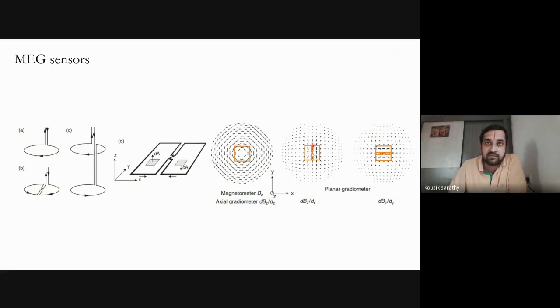This is a planar gradiometer on, let's say, the x-axis, and you can call this the y-axis. The axes are defined here. Your axial gradiometer is going to be dBz by dz, so it will be on the z plane. Different MEG systems come with different combinations. The MEG systems that we used were typically using magnetometer and planar gradiometers.